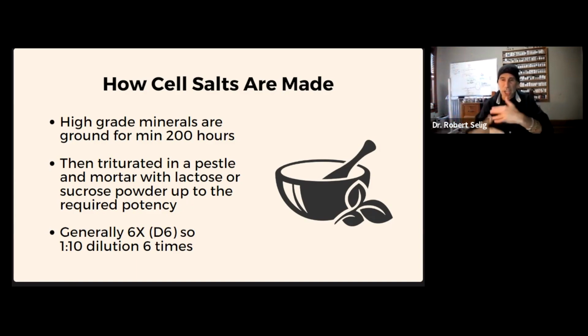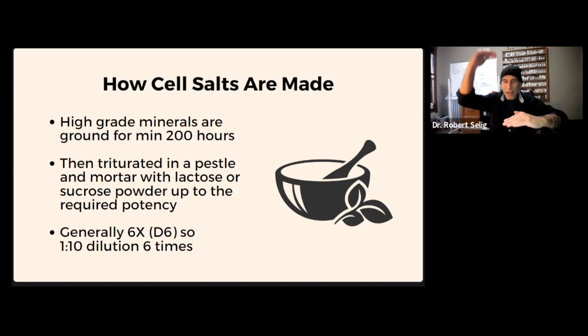So in cell salt theory, we're using the biochemical aspect so we can get these small diluted minerals into the cell, because basically a cell salt is going to give you about 1 part per million. So that's why it's considered a homeopathic remedy, because it's beyond Avogadro's number. But in homeopathy, the lower, the weaker.